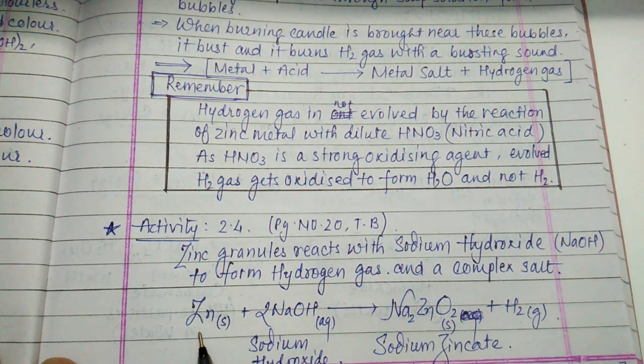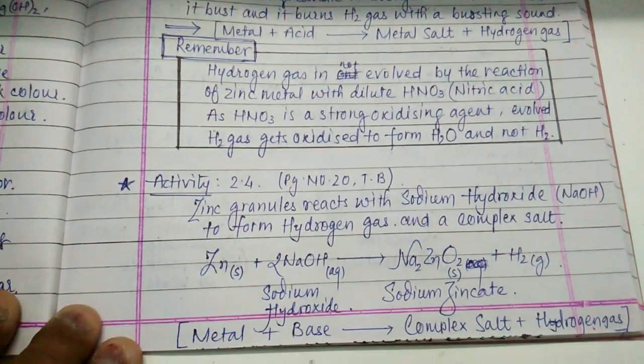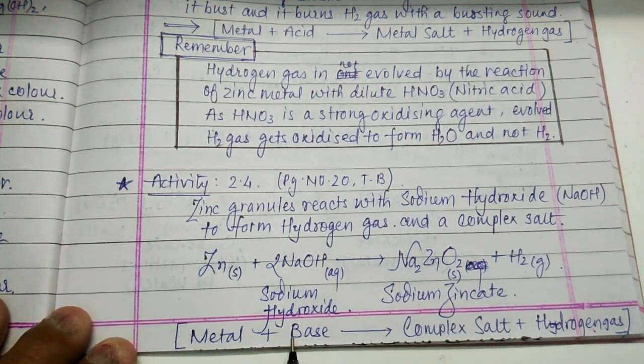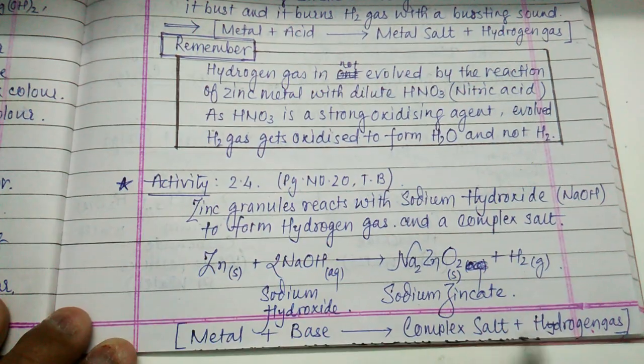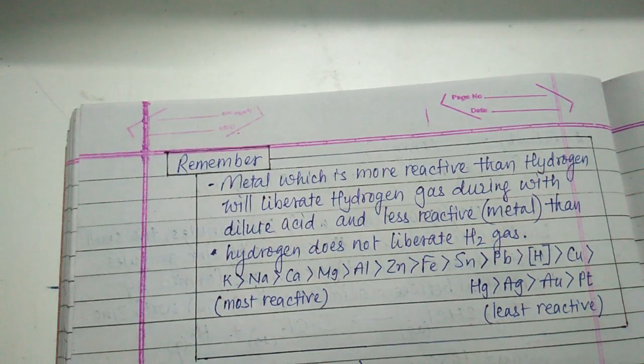If we take aluminum in place of zinc, we get sodium aluminate with hydrogen gas. Now the common reaction is metal with base gives complex salt and hydrogen gas. This is the common reaction.